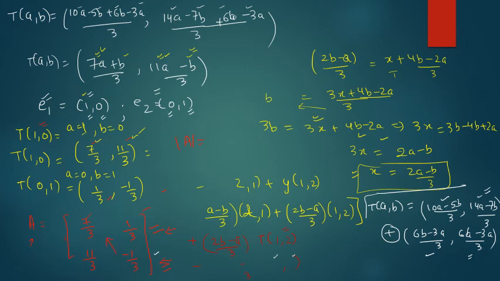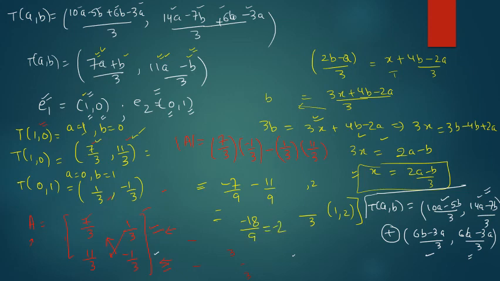You need to multiply these two, 7 by 3 multiplied by minus 1 by 3, minus is in the formula, then 1 by 3 and 11 by 3. Try to solve it. So you have got minus 7 by 9 minus 11 by 9. That means minus 18 by 9, that means minus 2, right? And minus 2 is not equal to 0.